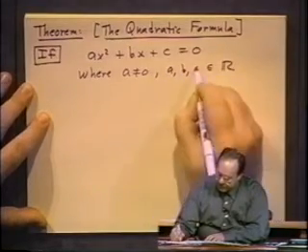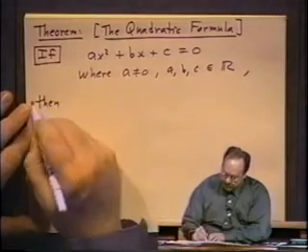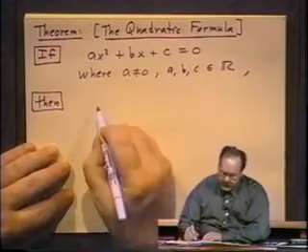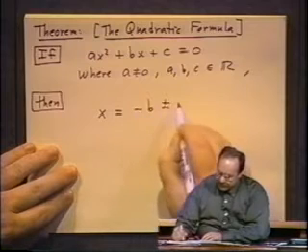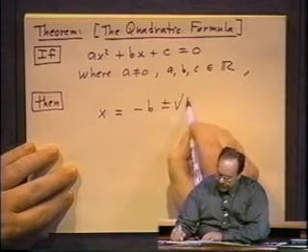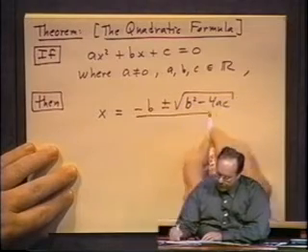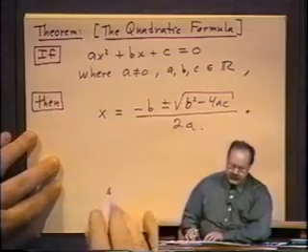We don't want to deal with complex numbers now. Then, what is the result? If you have this equation, the result is that x is equal to minus b plus or minus the square root of b squared minus 4ac all over 2a.